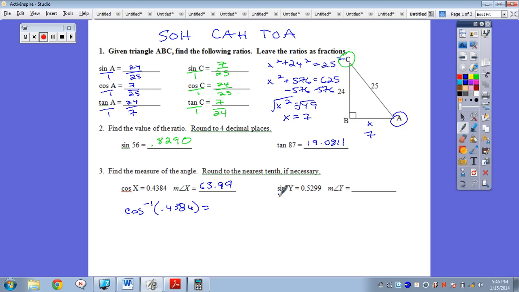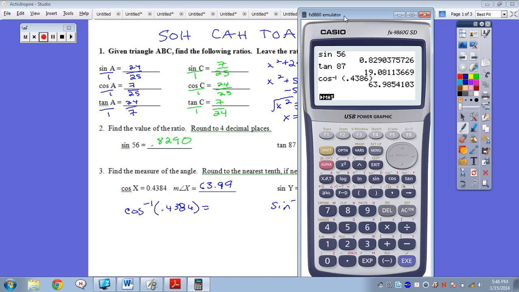Alright, number 3 is similar. Instead you have sine, so you're going to take the inverse sine function of 0.5299, and that will give you what y is equal to.